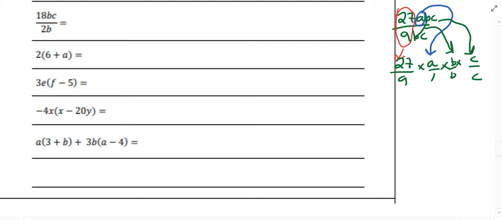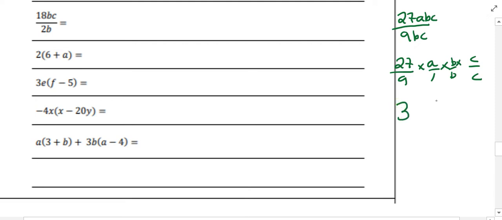Okay, that looks a bit messy, but it serves the purpose for telling you where each number and letter has gone. So 27 divided by 9 is 3. A divided by 1 is just simply A. How many B's fit into B? That's just 1. And how many C's fit into C? That's just 1.